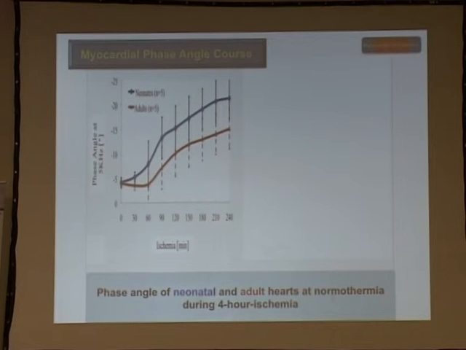Some of these measuring points are significantly different. It is obvious that a lower plateau phase is missing in the neonatal group. The neonatal group immediately starts to change the phase angle under ischemic conditions.